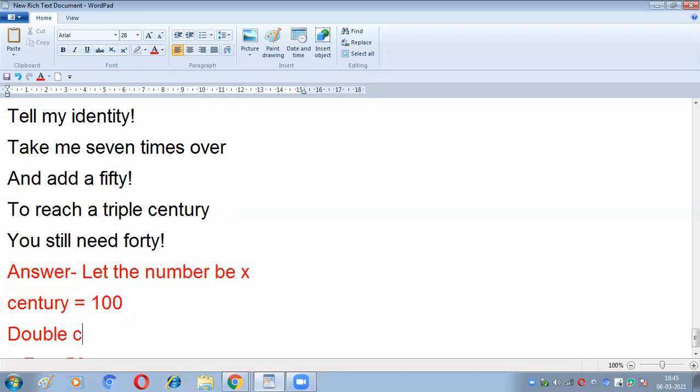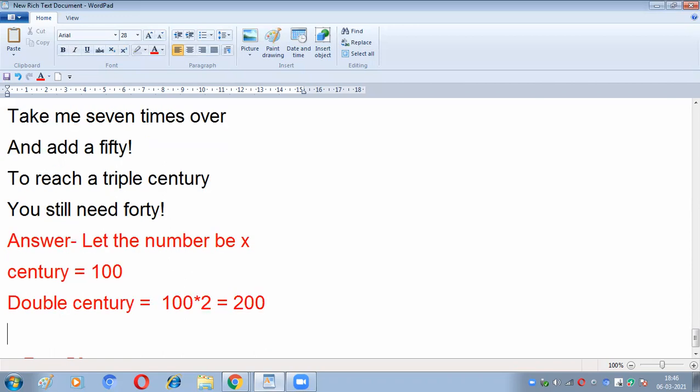Double century is equal to how much? Tell me in the comment box if you have watched that video, what is double century? Double century means century, so first we write century, and double means 2. That means multiplied by 2, which is equal to 200. So double century means 200, century means 100.